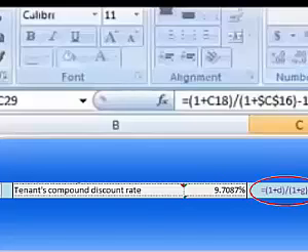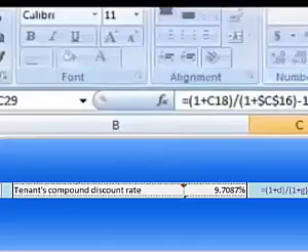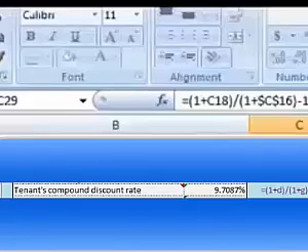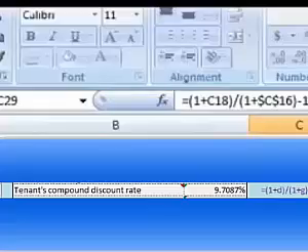A close look at the equation reveals that I've also used an absolute in this equation, again so that I can simply fill it down into cell C30, where I calculate the landlord's compound discount rate. Using the absolutes is not necessary. It's simply a way of saving a little bit of time in transcribing the equations. If you use the absolutes, you'll be able to also fill down. Otherwise, I'll leave it to you to insert the equation for cell C30.